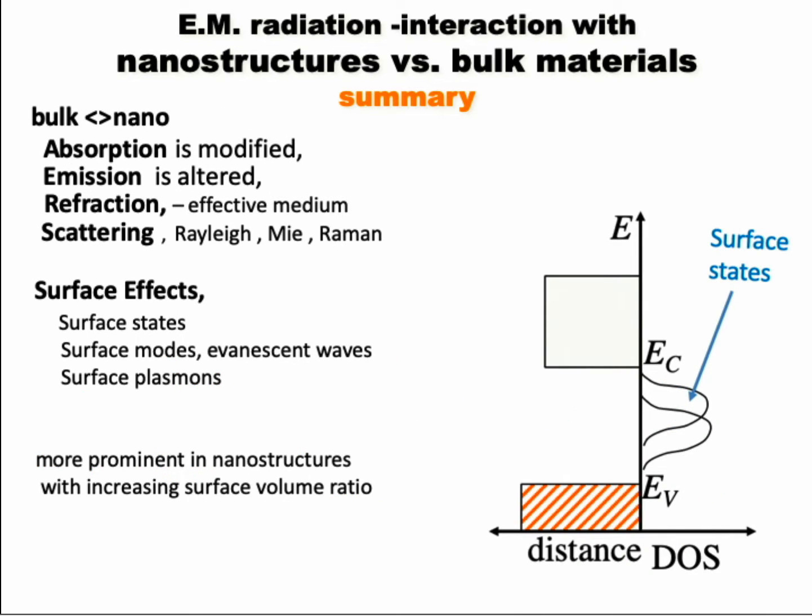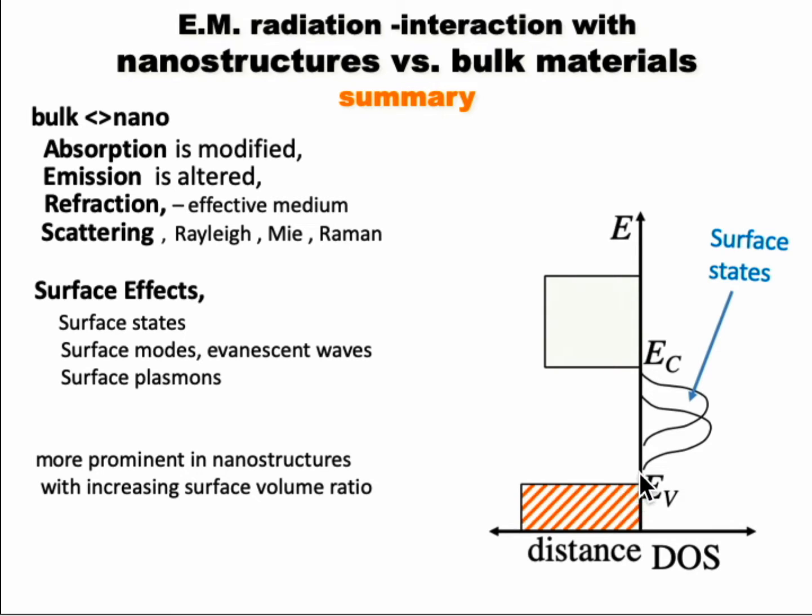Then let me comment on surface effects. It may influence the other effects as mentioned: absorption, emission, and scattering. A surface will by itself contribute to electronic states. We know that a perfect periodic lattice will yield energy bands and gaps. They are delocalized states, Bloch states.